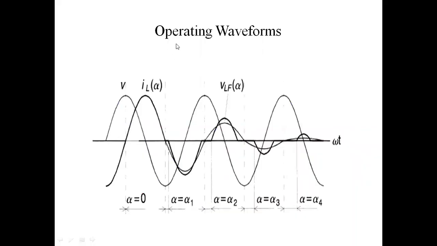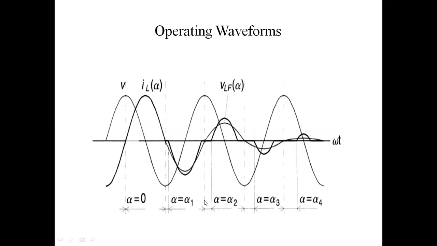These are the operating waveforms. This is the supply voltage, and this is the inductor current IL of alpha. The supply voltage maintains constant. Here alpha is equal to 0, and the current IL of alpha is maximum. When increasing the firing angle alpha, the magnitude of current decreases.